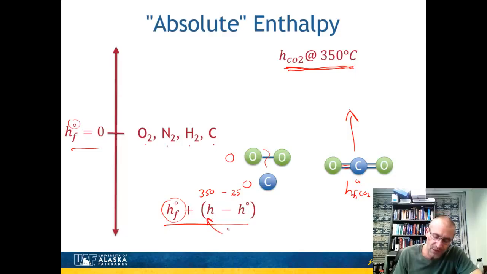In fact, these H values here are essentially just Cp times T. So I'm adding the formation component, and then taking it to this new temperature up at 350. Whenever I want to find an absolute enthalpy value, I'll call it H absolute or maybe H total, for example, I'm adding two components: the formation component and then the sensible change going from 25 Celsius to whatever temperature I want to go to. It could be higher than 25 or lower than 25.